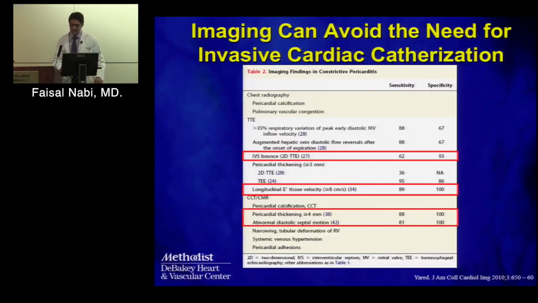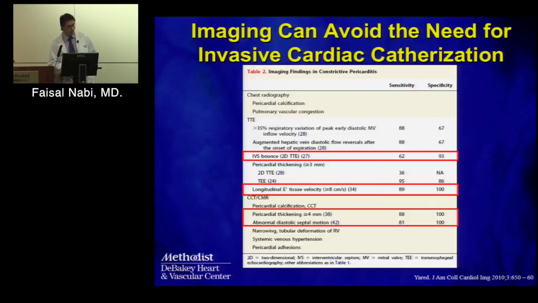Now, there have been several studies. This is one study that I'll quote that compared echo findings with CT findings. I show this slide because if you look at some of these CT and MR findings of the pericardial thickness and the abnormal diastolic motion, in this study, it was 100% specific for constrictive pericarditis.